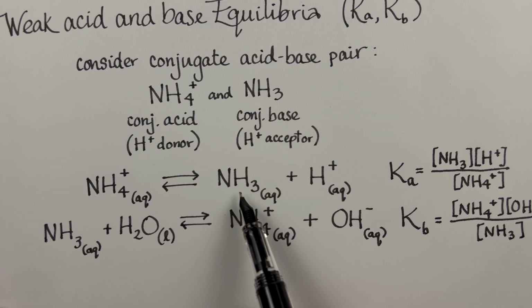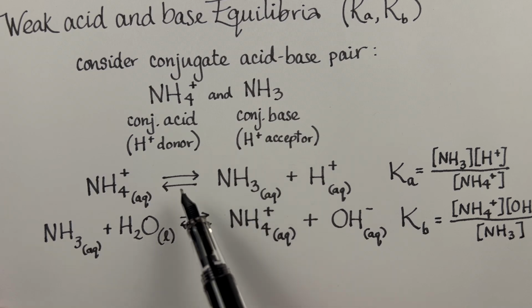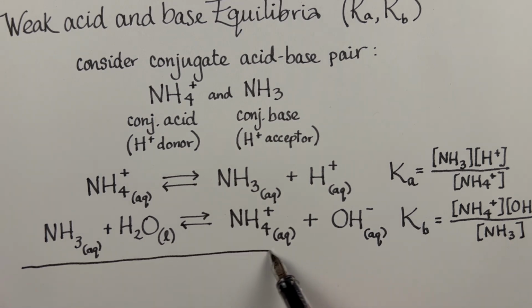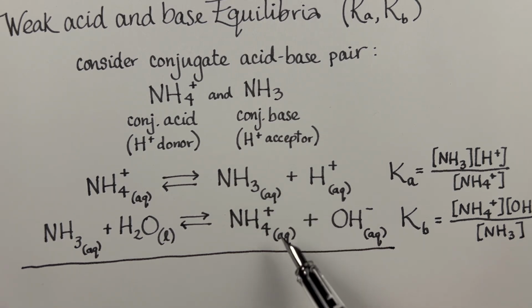And what I wanted to do is consider, what if both of these are happening in solution? And when that's the case, you can actually add up these chemical equations. Okay? And you can do that when you have simultaneous chemical equations or equilibria occurring in solution together.